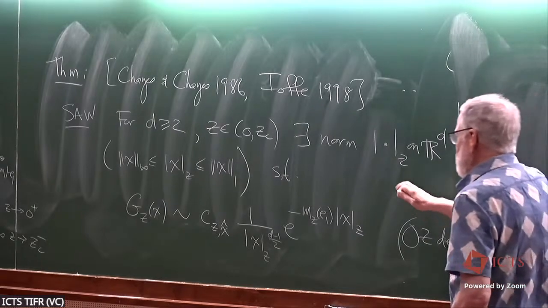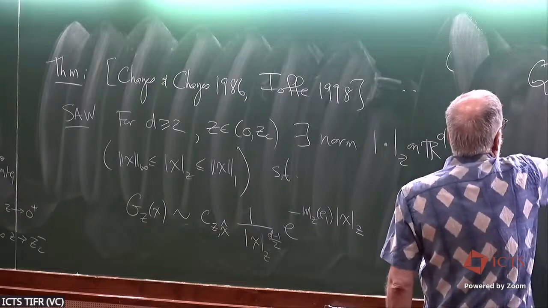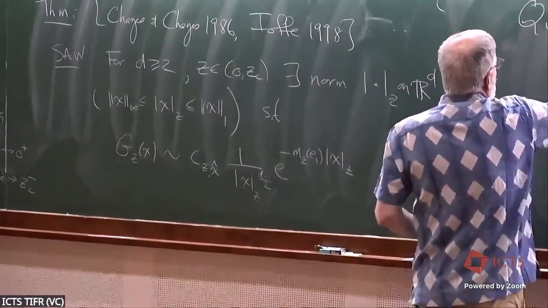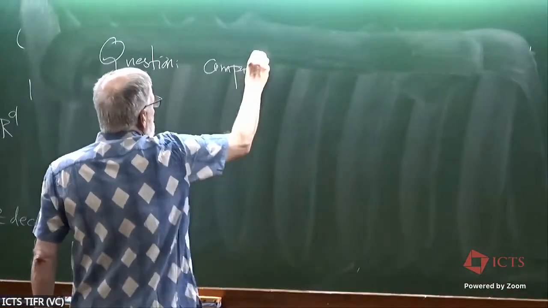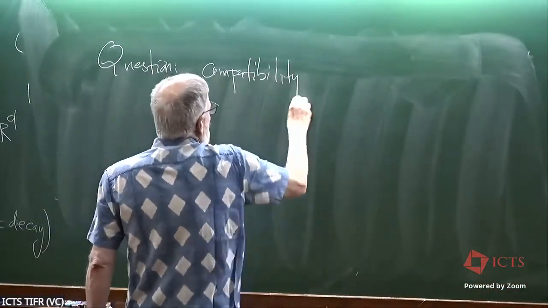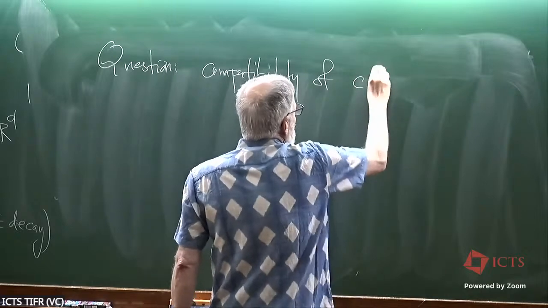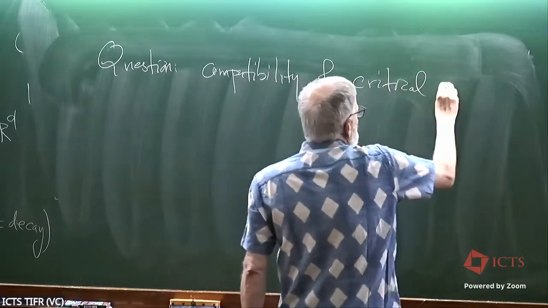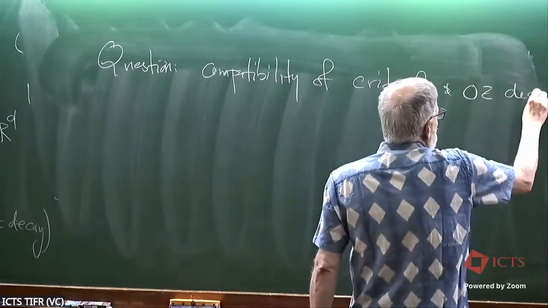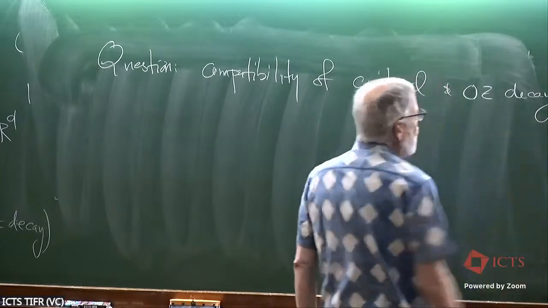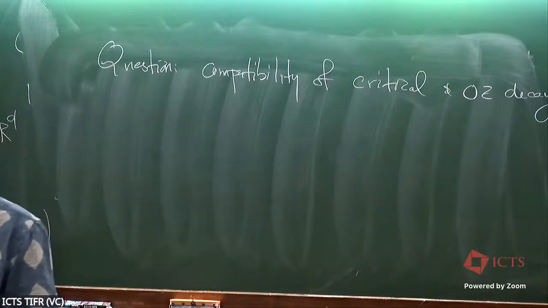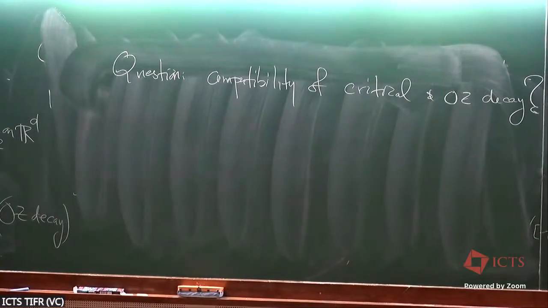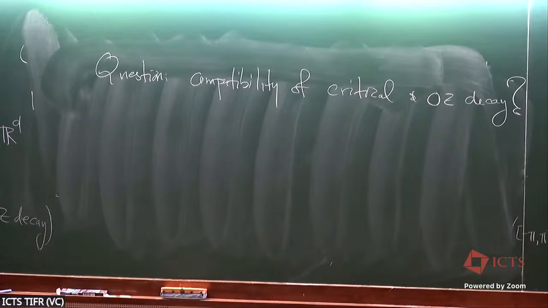Okay, so this is posing now for us a question about the compatibility of critical and Ornstein-Zernike decay. How can we understand that? And that brings us to the notion of the Ornstein-Zernike equation.